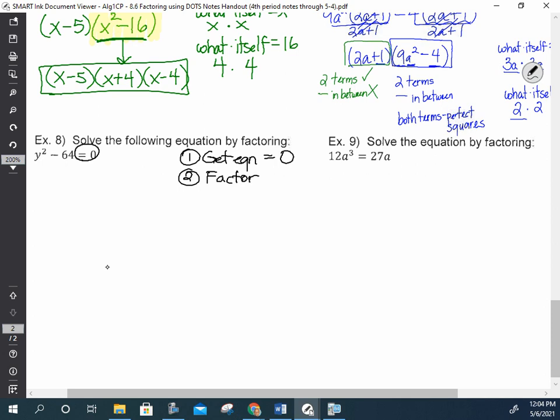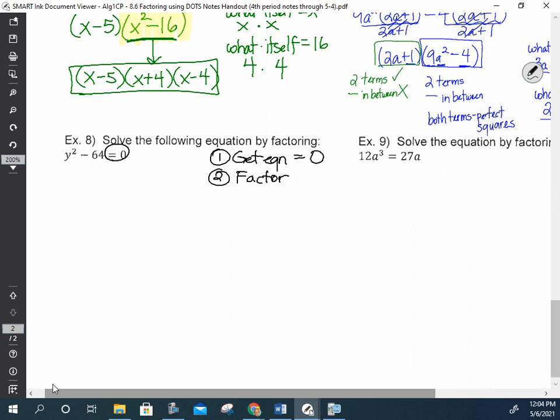Now we factor it. So y squared minus 64. The first thing you do with all factoring is look for a greatest common factor. What's the biggest number you can take out? You got a 1 and you got a 64.